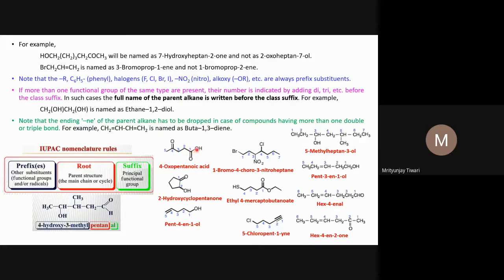Let's see, this compound is having two functional groups. This is what we know, the carboxylic acid, C double bond O and then OH attached to this carbonyl carbon. And this one is ketone because two alkyl groups are attached to this carbonyl carbon. One is methyl and this is the longer chain.